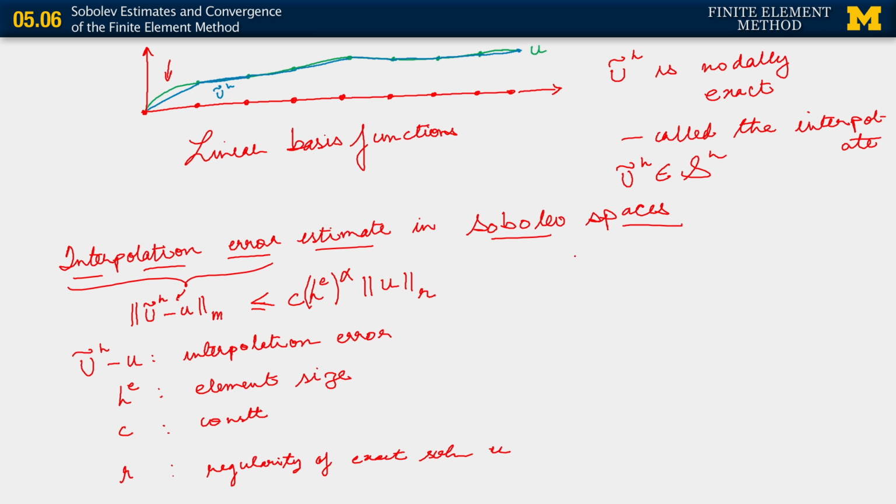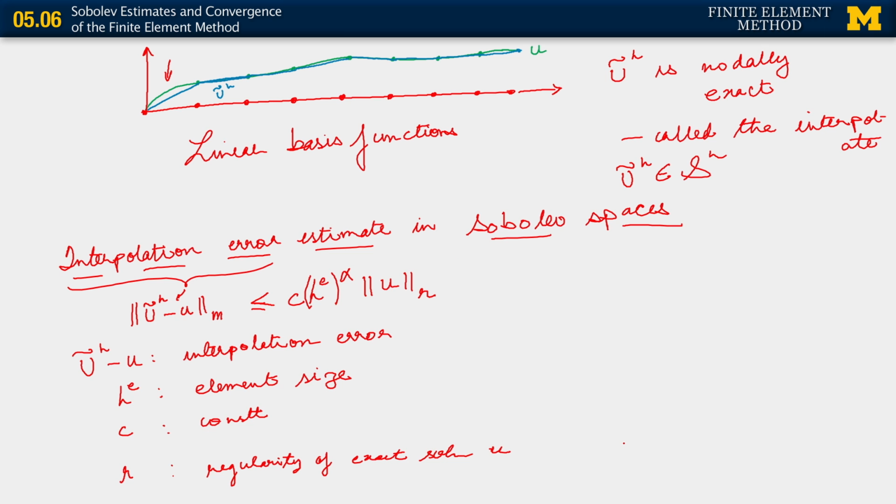Okay, so note that when we are talking about the r norm of u, we're saying that yes, if we were to square integrate the exact solution and also square integrate its derivatives up to r, right, up to its rth derivative, we would get a quantity which is bounded, right, and that is the r norm.